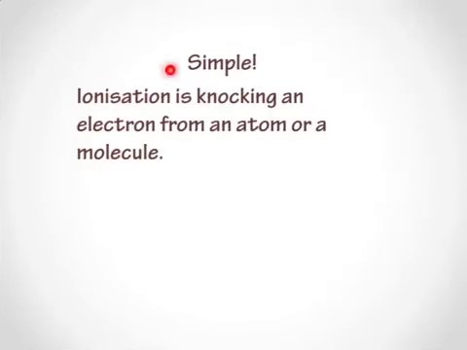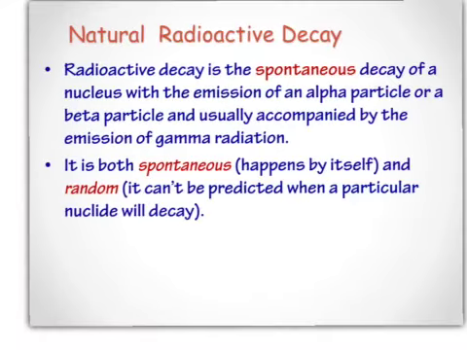This is simply telling you what ionization means. When an alpha or beta particle collides with an atom or molecule, it could knock an electron from it. And occasionally, gamma rays also do that. This gives a summary of natural radioactive decay.